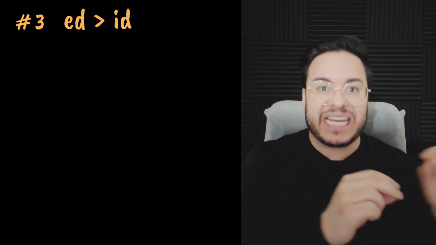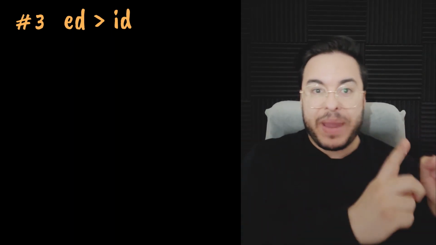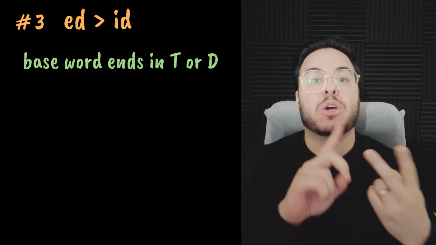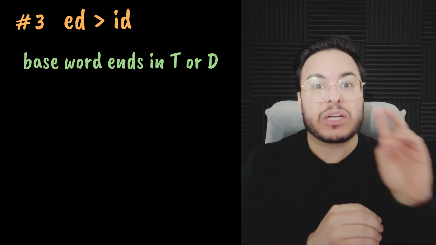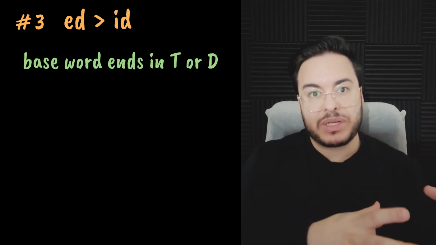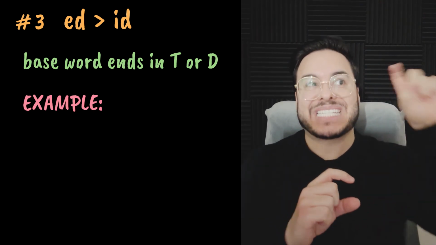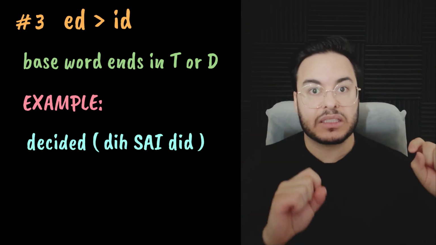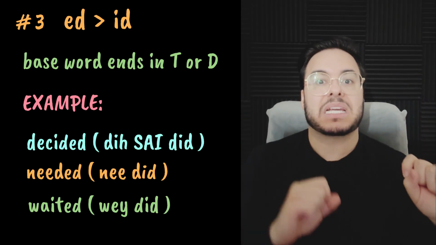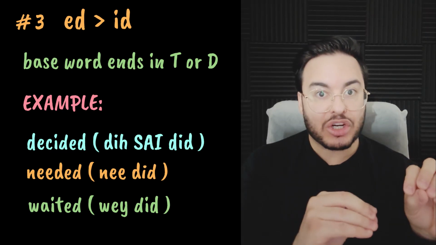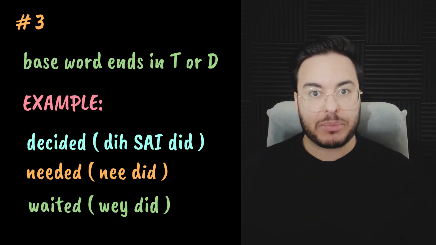And in the third option, we pronounce ED as id, when the base word already ends in T or D sound, because we can't add another T or D without a vowel in between. For example, decide becomes decided, need becomes needed, wait becomes waited. So here we have to add a full syllable.